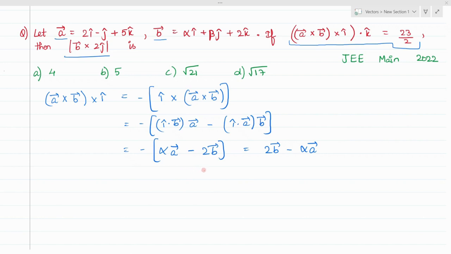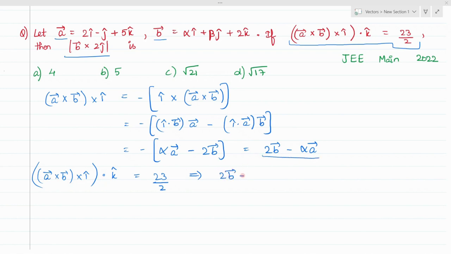Now in the question it is given as A cross B cross i and dot k is 23 by 2. We can write it as this value we got as this.